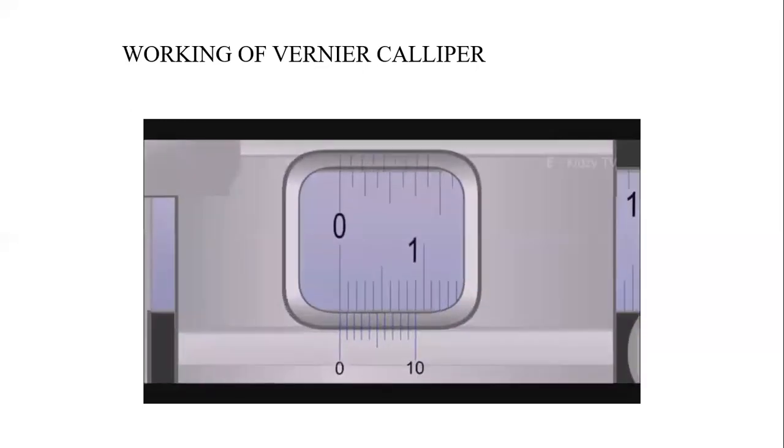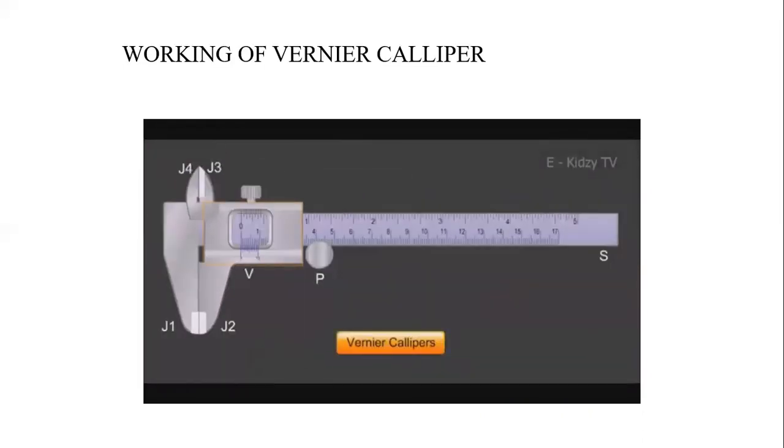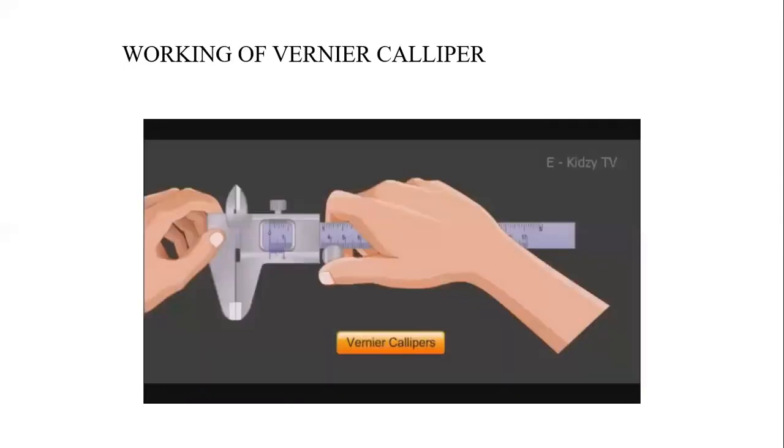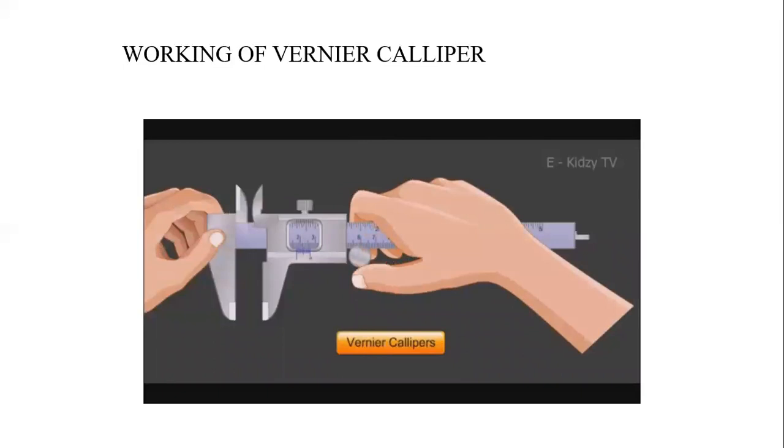It has 10 divisions marked on it. Here, you notice that the 10 divisions of the vernier scale are exactly equal to the 9 divisions on the main scale. The vernier scale has a movable jaw, J2. You will see a button at the bottom edge of the vernier scale. This button is supported by a spring. The spring action of the button helps in fixing the vernier scale at any desired position on the main scale.